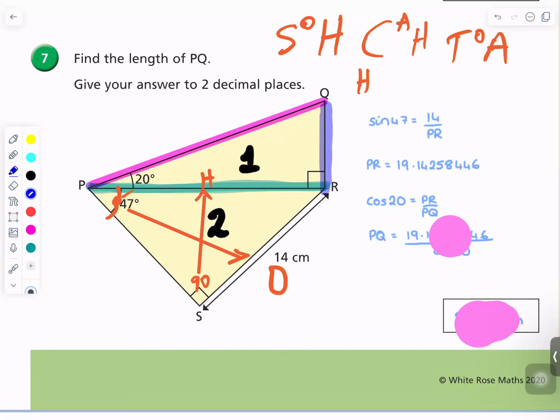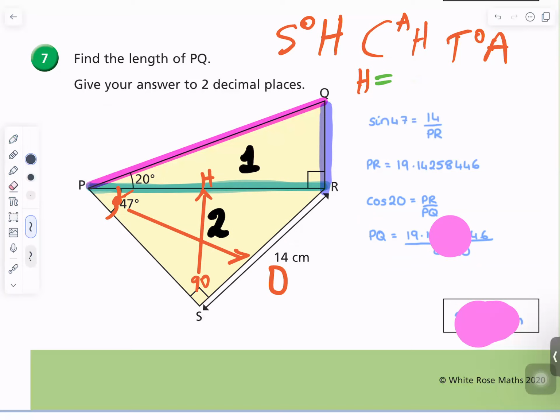Okay. So using that formula for H, think of the triangle. H is given by the one on top, opposite divided by the sine of the angle. So the opposite is 14 divided by sine of the angle. The angle is 47.